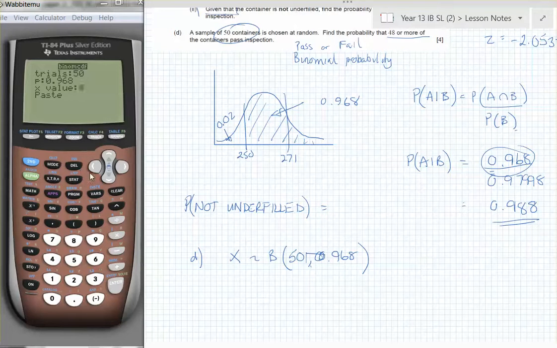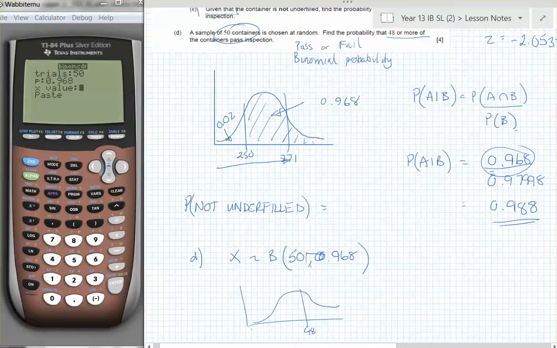Now remember the calculator only does from less than and up. So if we want 48 or more, the calculator's going to work that way, and because it's pots of yogurt, if it's not 48 or more, we have to work out 47.